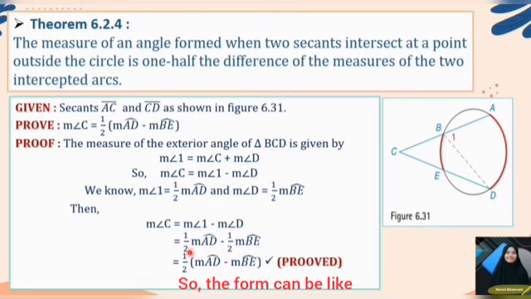So the form can be the measure of angle C equals 1/2 times the measure of arc AD minus the measure of arc BE. So this theorem is proved.